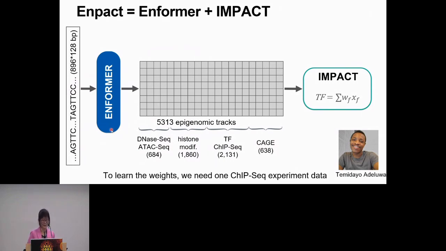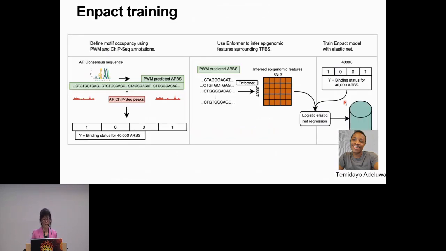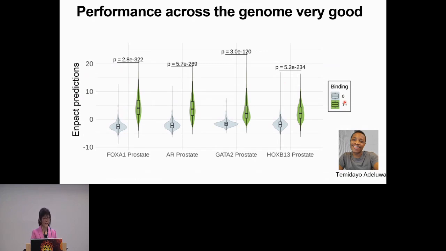And then the weights that you need to learn here are learned from public data. So we use SystemDB. I'm not going to go through the details. If you look at the performance across the genome for FOXA1, androgen receptor, GATA2, and HOXB13, all in prostate, you can see that the prediction is doing pretty well, right?